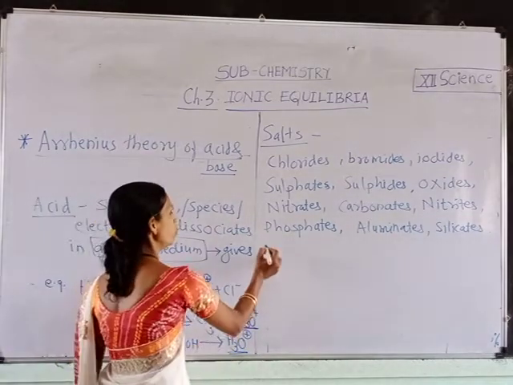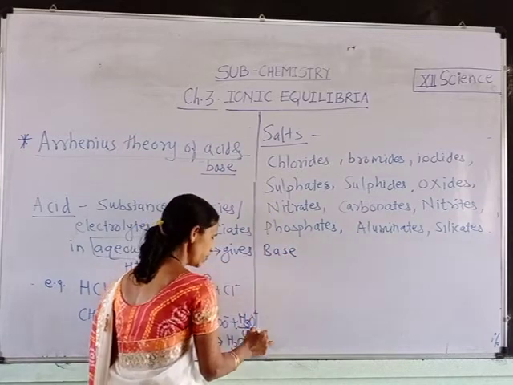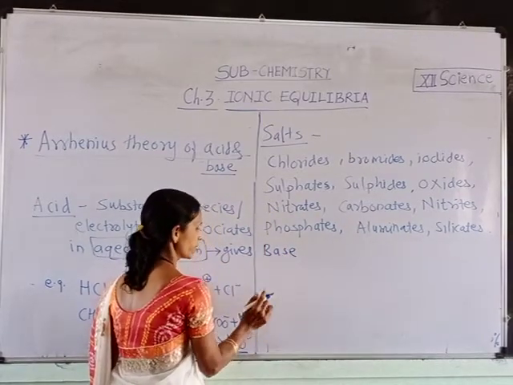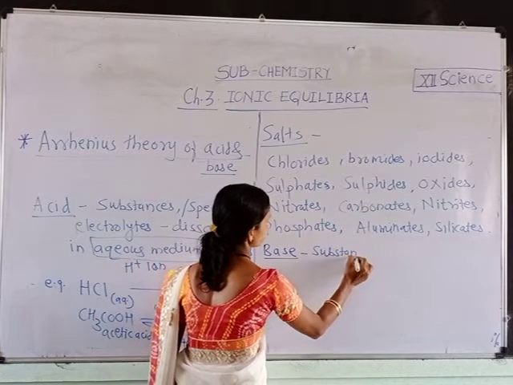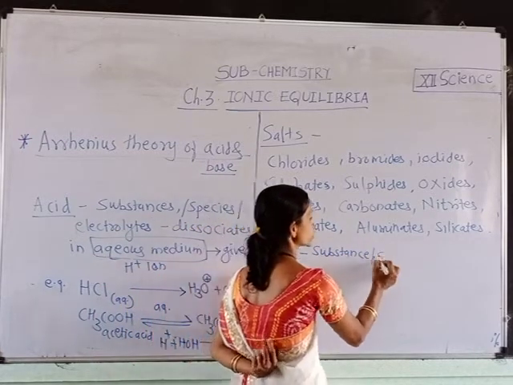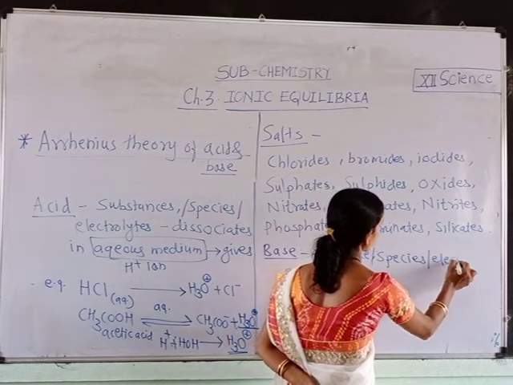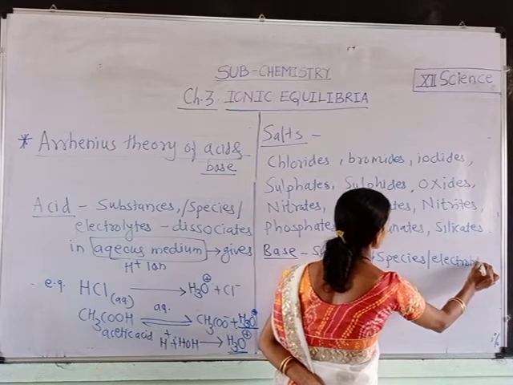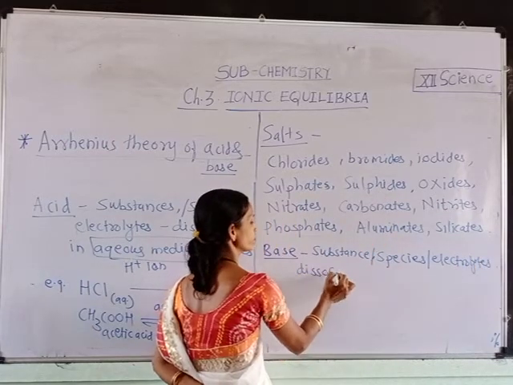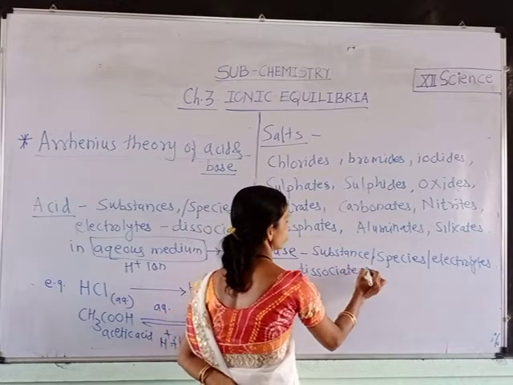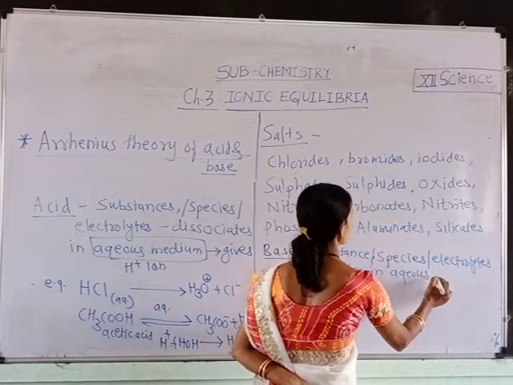Then, what is a base? According to Arrhenius theory, bases are the substances or species, or electrolytes, which dissociate in aqueous medium.